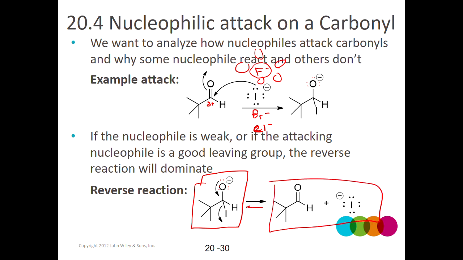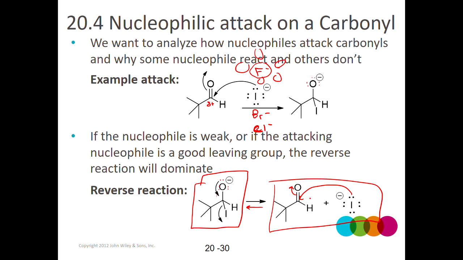It's in equilibrium. Which side is equilibrium favored? Is it going to favor the attack or is it going to favor the loss of the leaving group? Both of those can happen readily. And so ultimately it comes down to which side is more stable or which side has more entropy.